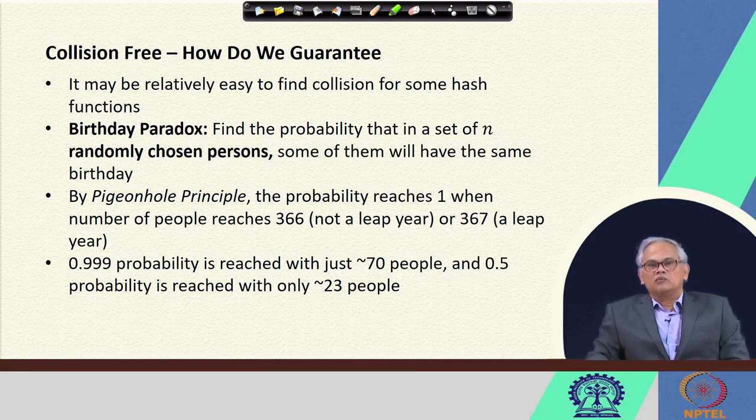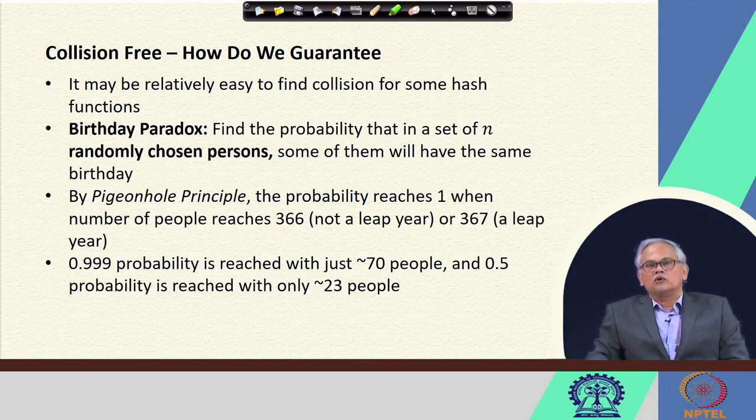Now, by applying the simple concept of the pigeonhole principle, the probability reaches 1 when the number of people reaches 366 if it is not a leap year, or 367 if it is a leap year, because at least two of them will have the same birthday.